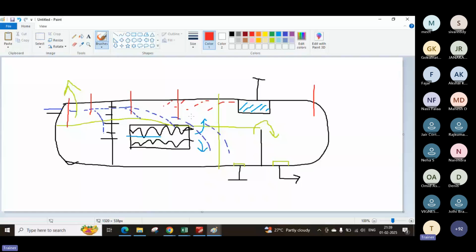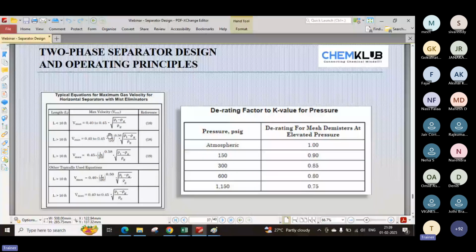That's why, to integrate it over the length, you have to have length as a parameter. At the same time, you have some other parameters as well. When your operating pressure is going higher than atmospheric, you have to multiply the K values by this factor.